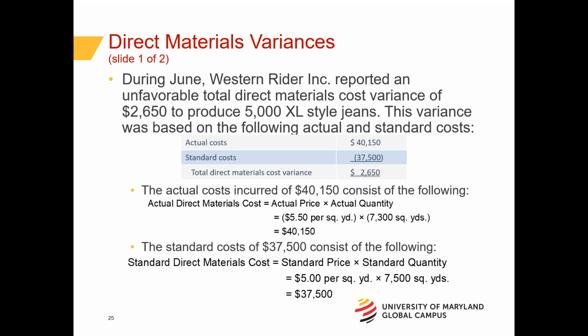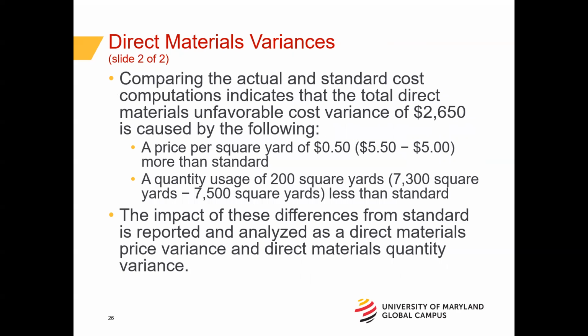And just by breaking it down a little bit further, actual price times actual quantity gets us to direct materials. Standard price times standard quantity gets us to the standard materials. In the comparison, knowing that we have an unfavorable cost variance, we figure out why.